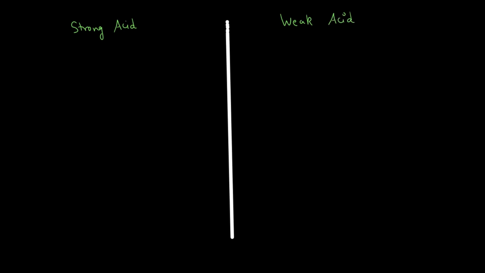What's the difference between strong acid and weak acid? So the first point is that strong acid dissociates completely, while weak acid dissociates less than 5%.